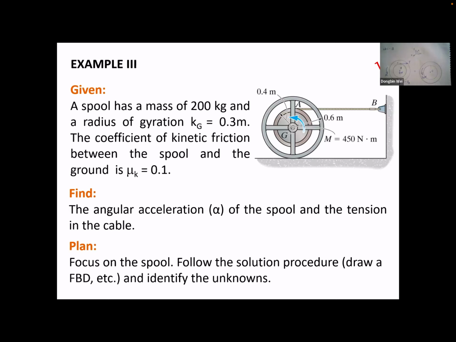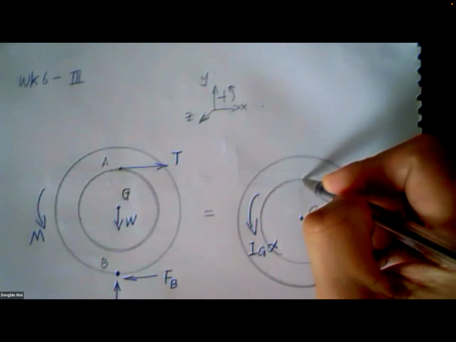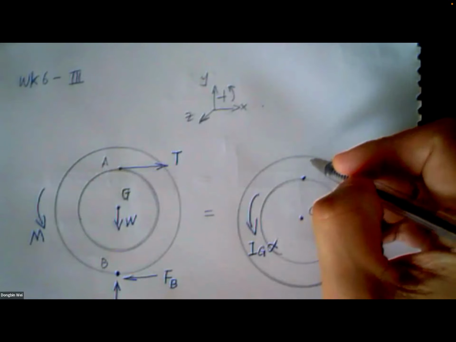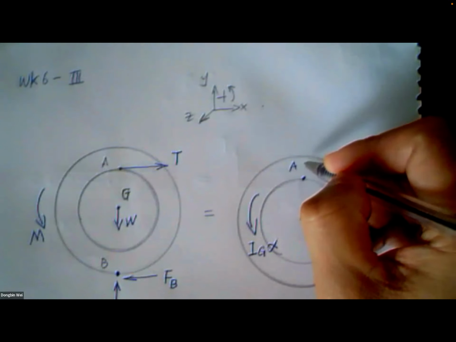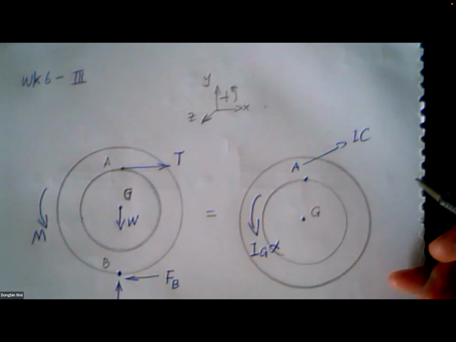Okay, if we can understand this, then let's go back to this diagram. And here, at point A, it should be the IC point.